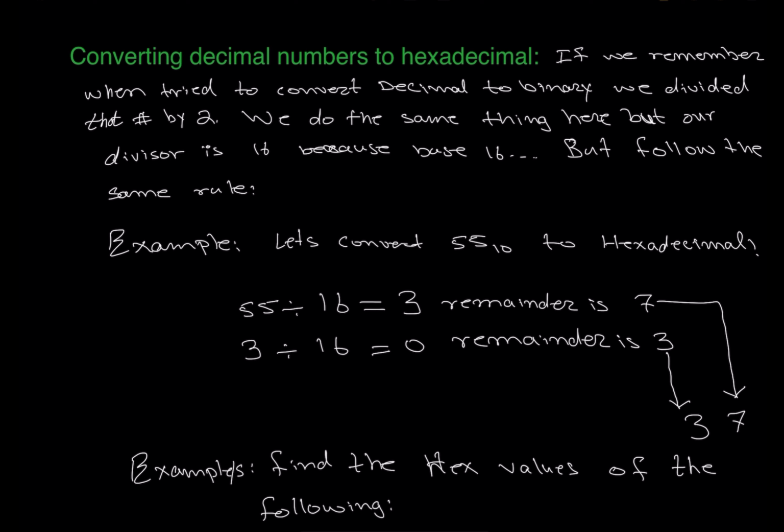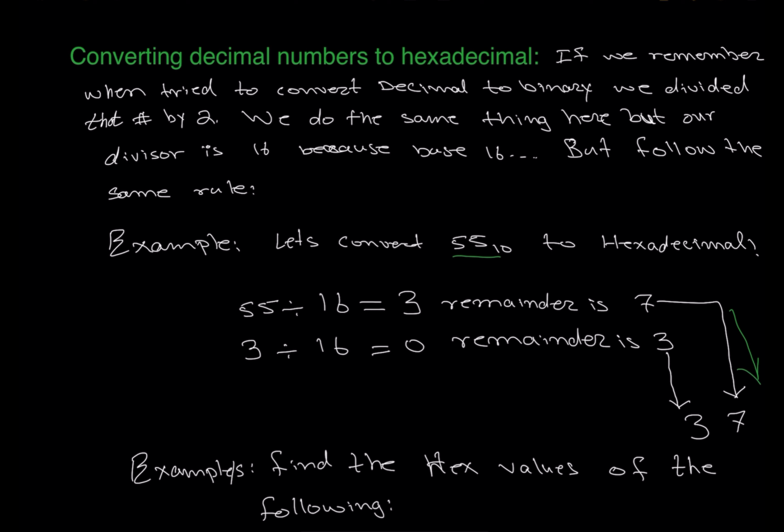a hexadecimal number. For instance, here 55 is a decimal number. It's asked to write this as a hexadecimal number. So what we have to do is divide 55 by 16. If we divide 55 by 16, you get 3 because 3 times 16 is 48. Then you get 7 as a remainder, and you bring that down right here.